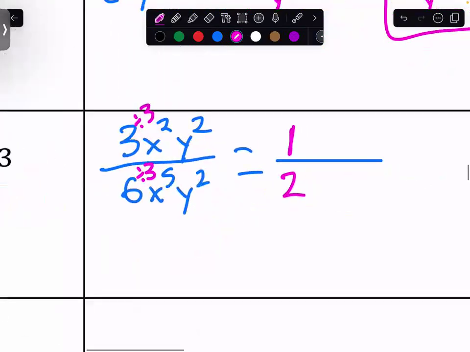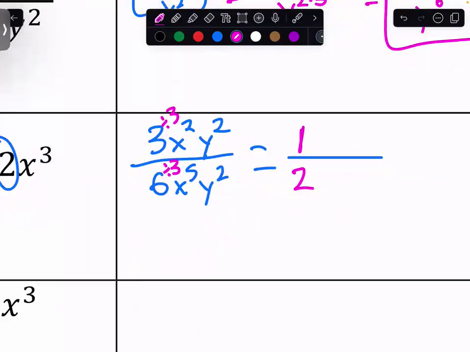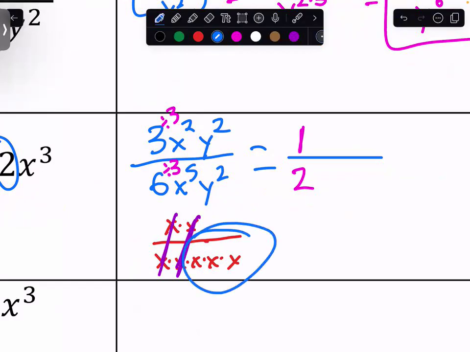And then now for the x terms, you've got x squared over x to the 5th. So again, you can write it out. You get rid of as many pairs as you can. So there's an x cubed left over, but it's got to be below the fraction bar. It's in the denominator. And then the y squareds do cancel out. Technically, they turn into 1, but anything times 1 stays the same.